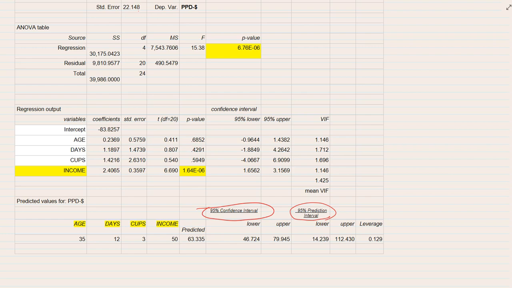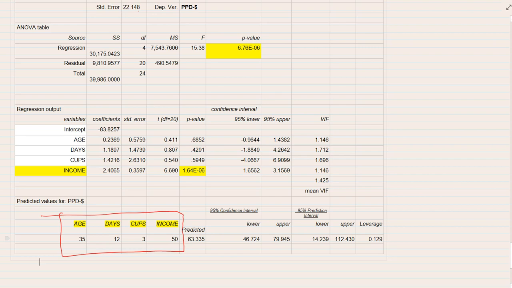Now you might want to say, okay, let's say I'm sitting in Starbucks. An individual walks in which meets exactly these criteria. One person, a single individual, walks in. This person is 35 years old. He or she visits Starbucks 12 days a month, drinks 3 cups of coffee, and has income of $50.